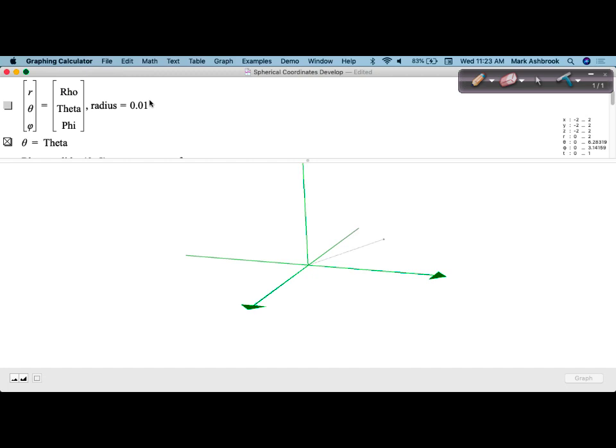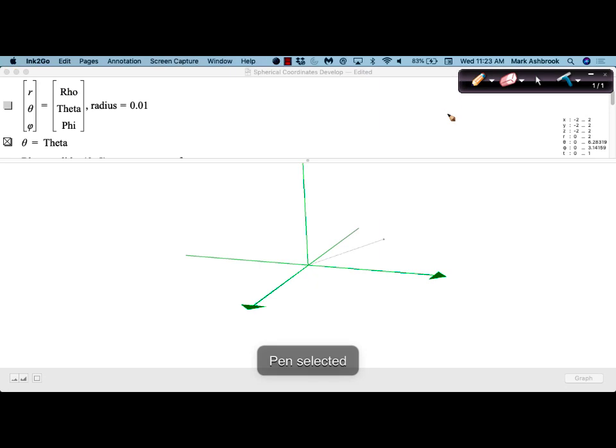Okay, so out at that point, we're going to imagine a little rectangular element. See if I can draw this pretty well here. Not bad.